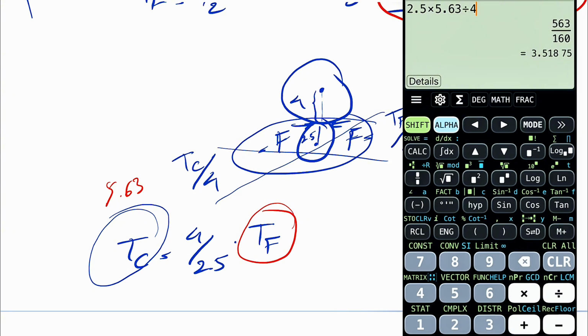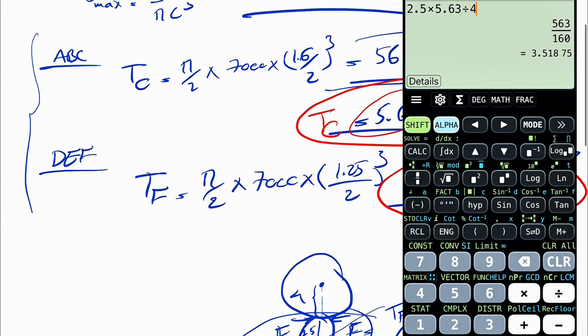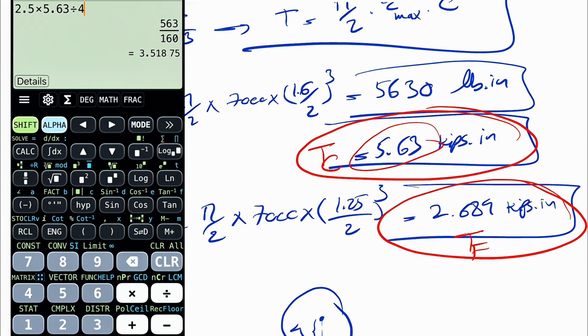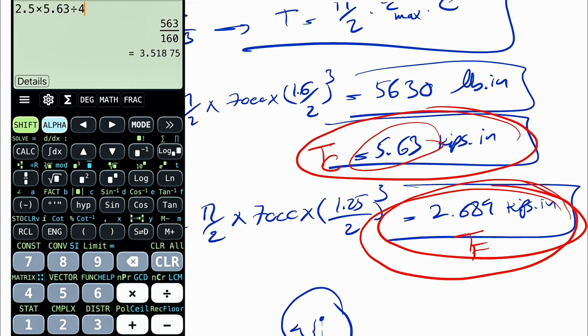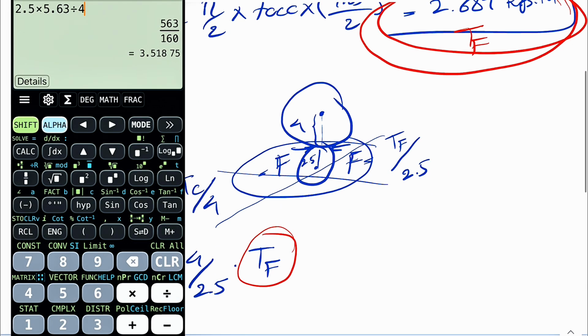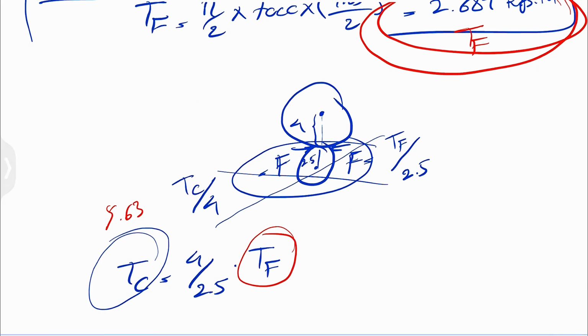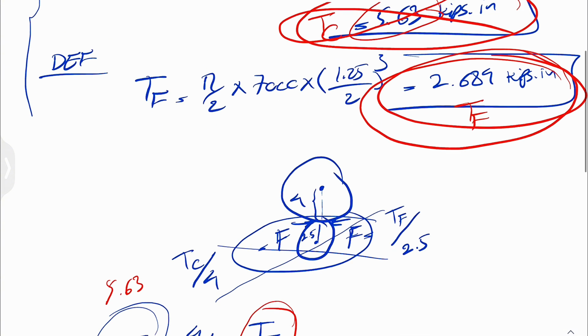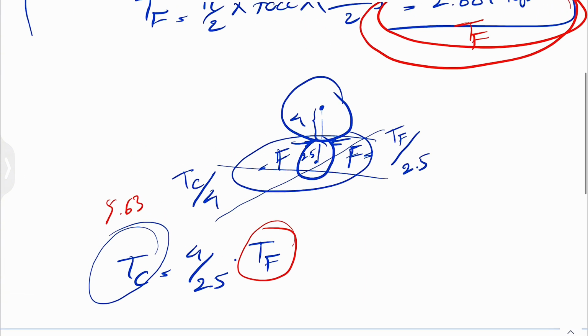That's going to be 3.5. If we look at that, we'll see that this torque is going to be more than what this shaft can tolerate. So that means this TC is not acceptable for us, and we're going to pick the smaller one.